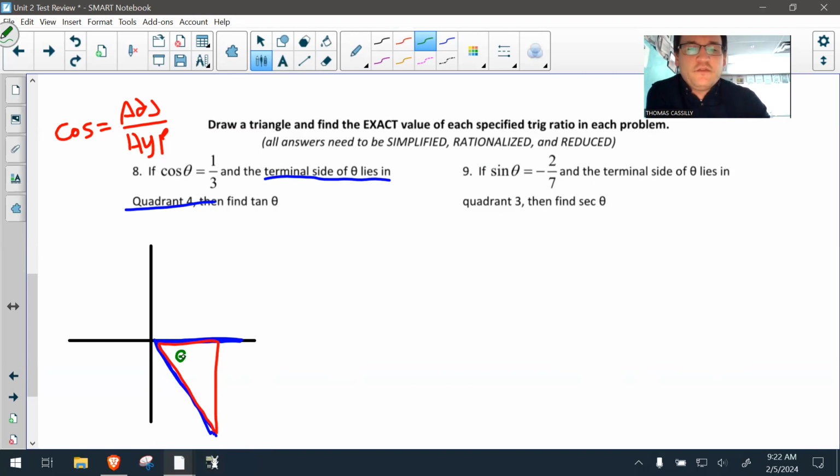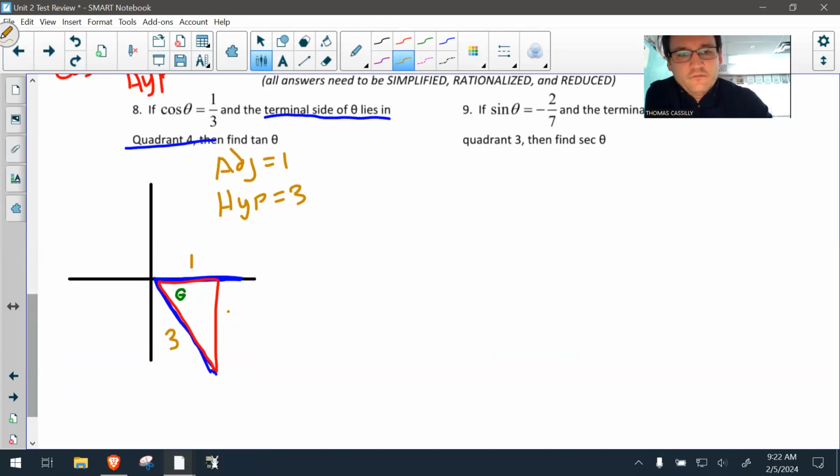If the cosine of theta is 1/3, that tells us the adjacent side is equal to 1 and the hypotenuse is equal to 3. So let's fill it out accordingly: you have 1, you have a 3. We need to figure out this value here, and we do that just how we've always been doing, with the Pythagorean theorem.